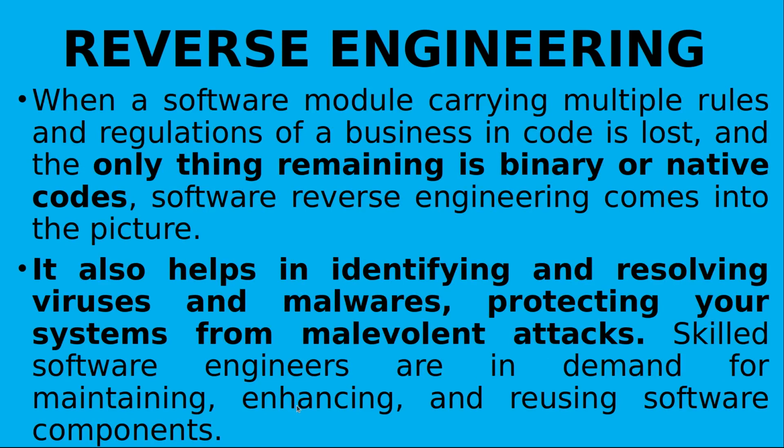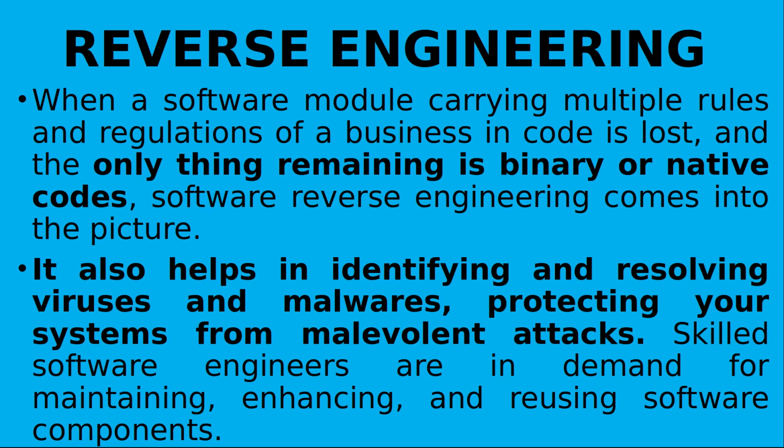Here, when the software carries multiple rules and regulations of the business and the code is lost, suppose the code is lost, or the software is missing or deleted, or any kind of problem occurs, we take the machine code and the source code, then we develop the software.